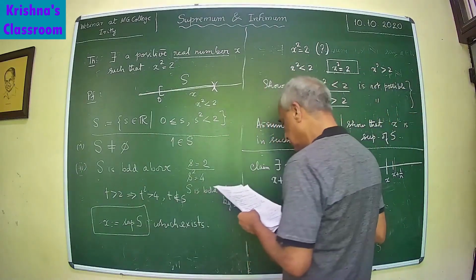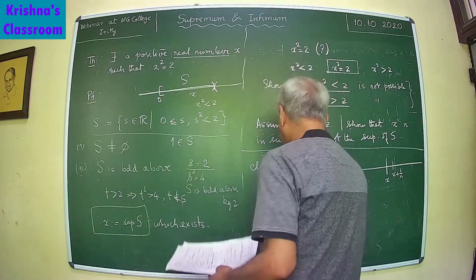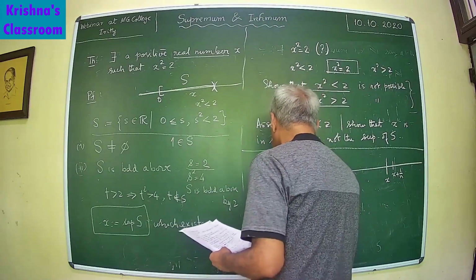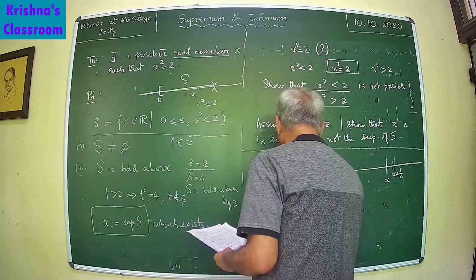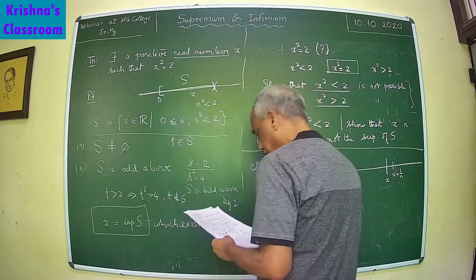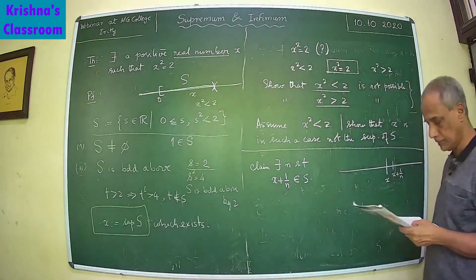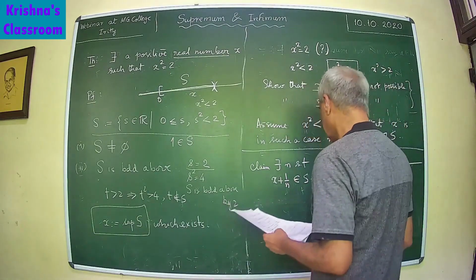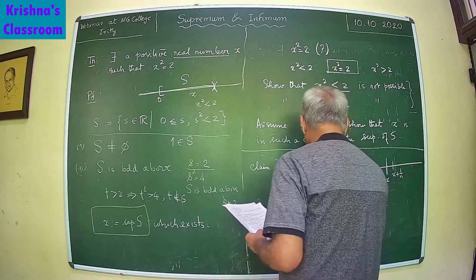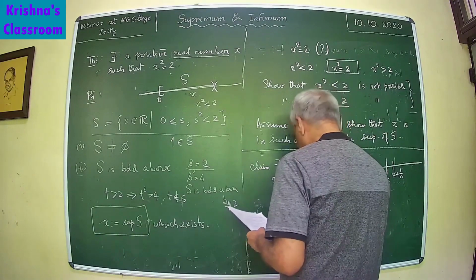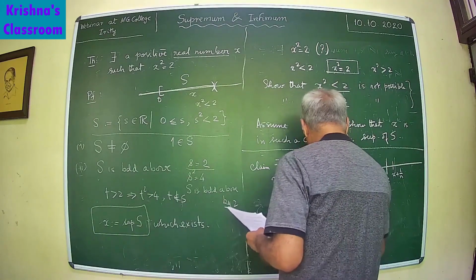What you want to prove is that in that case x is not an upper bound of S. So let us see how we work on this. We choose an n such that 1 by n square is less than or equal to 1 by n.